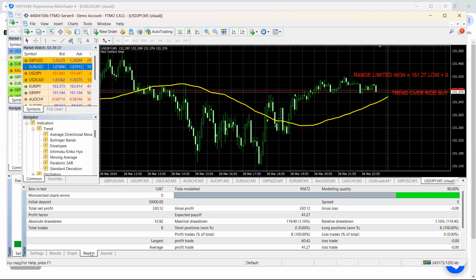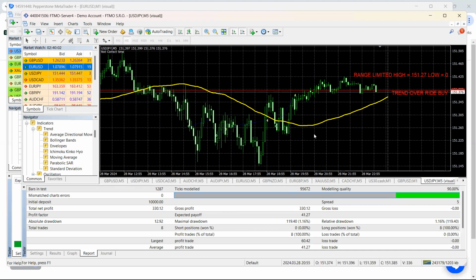And if we have a look at the reports here, $10,000 account, so 3.3% profit for the day, and our maximum drawdown was 1.16%. Now I had the stop loss set at about 1.3%, so we never would have had more than 1.3% if we'd have hit the stop loss.